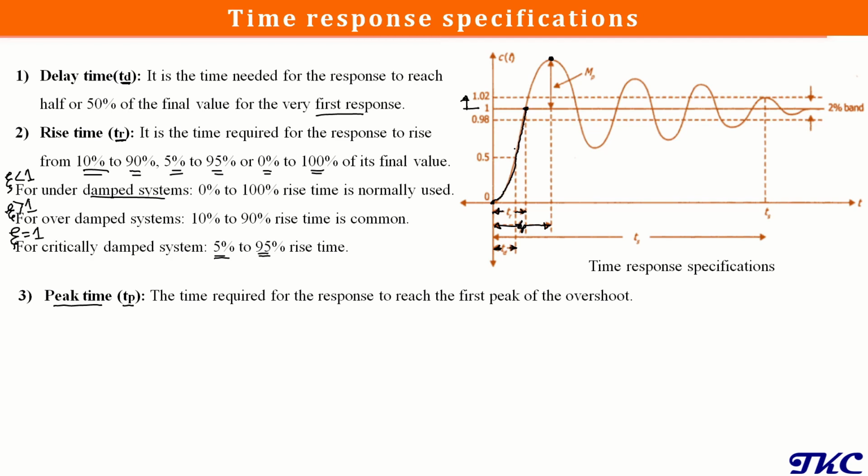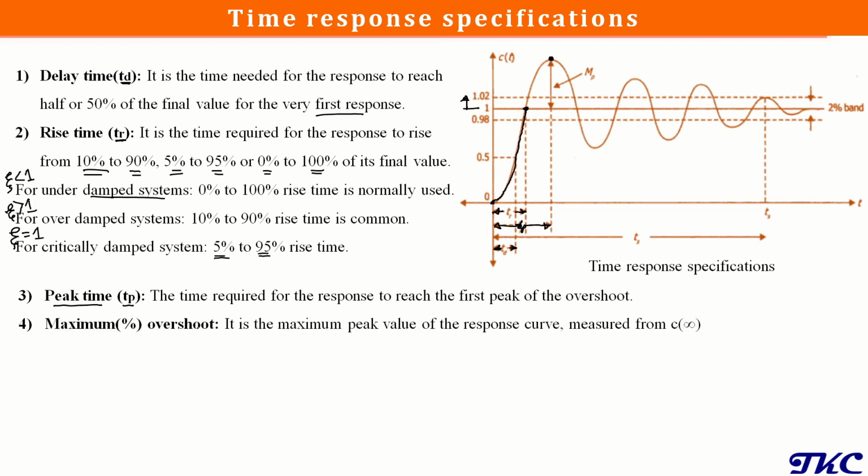How much time it takes to reach that maximum is defined by peak time. In other words, peak time is the time required for the response to go to the overshoot.